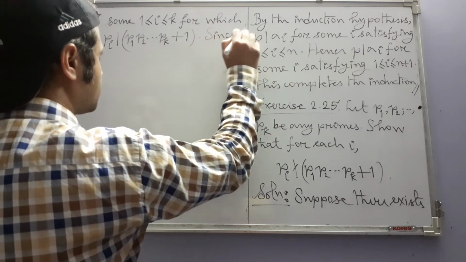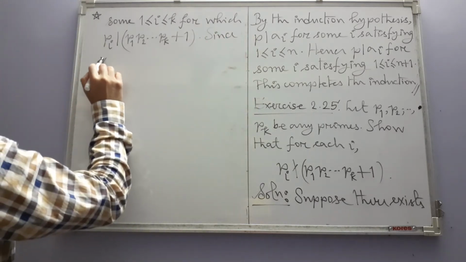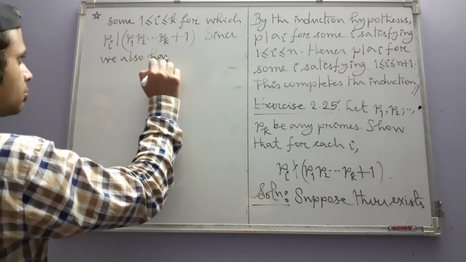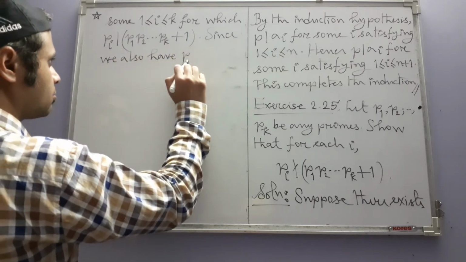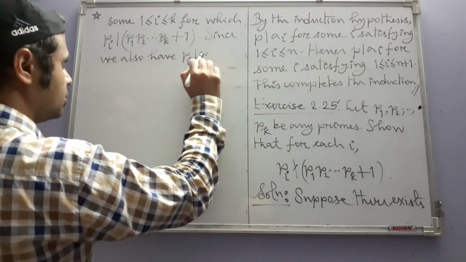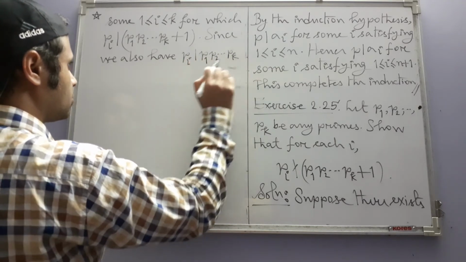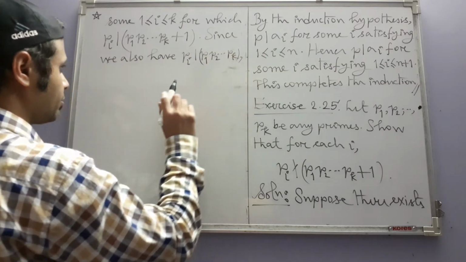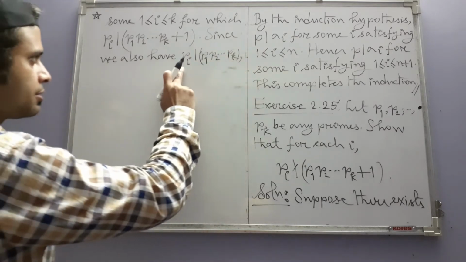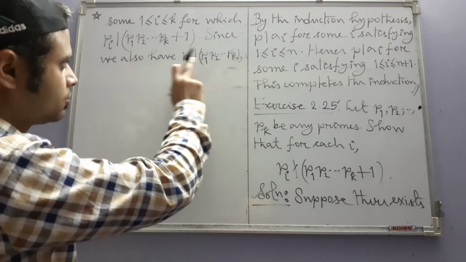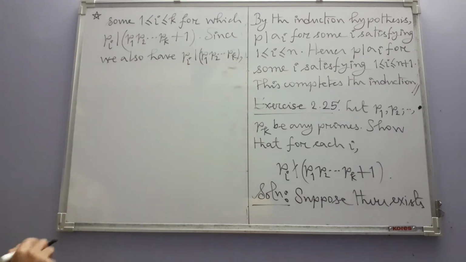Since we also have Pi dividing this product, and why is that so? That is because Pi is one of these primes, so it will naturally divide this product.